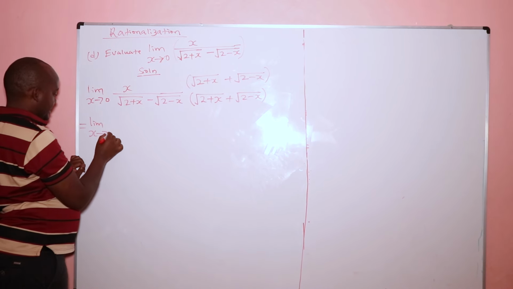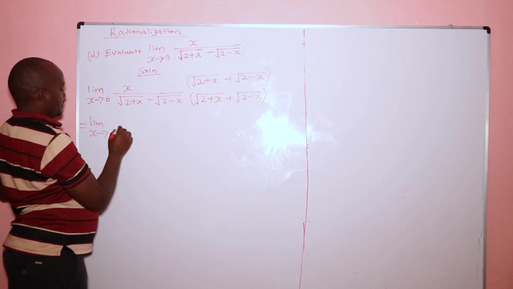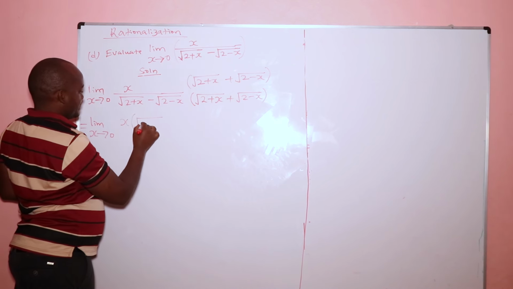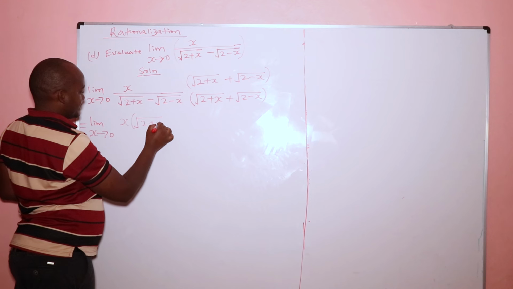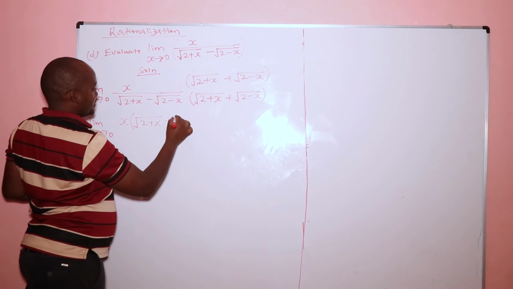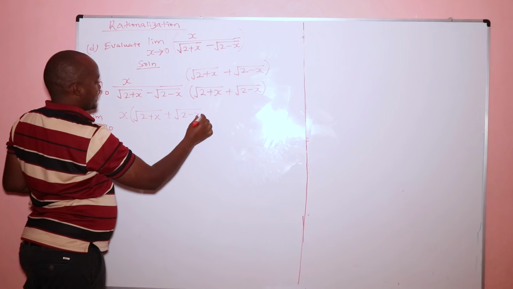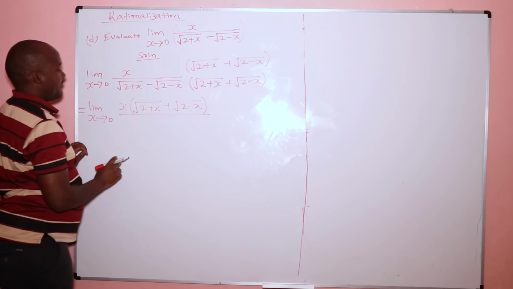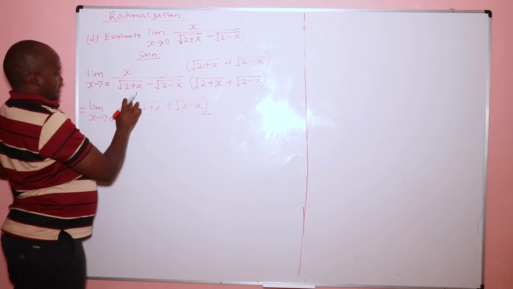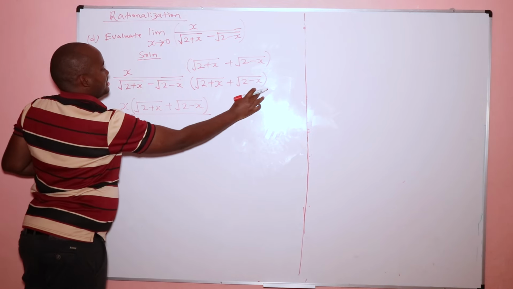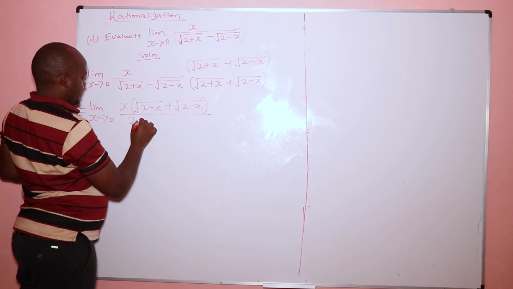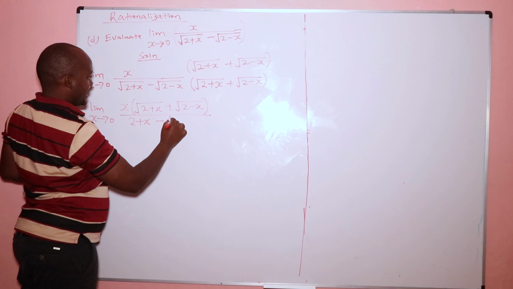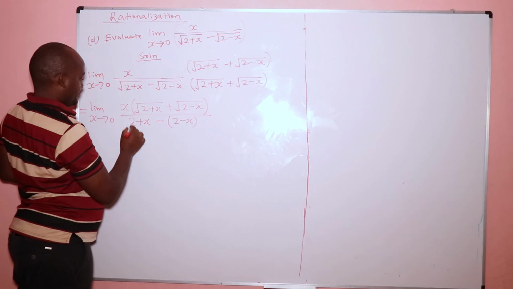The limit as x approaches 0 of x into root 2 plus x plus root 2 minus x, which is divided by, so whenever you multiply this times this, it should give us what? 2 plus x minus brackets 2 minus x.